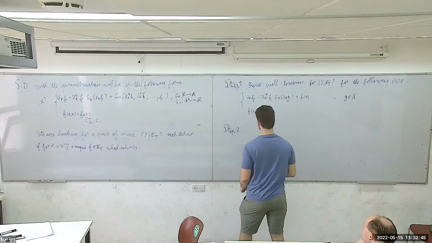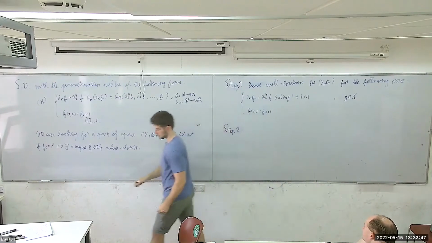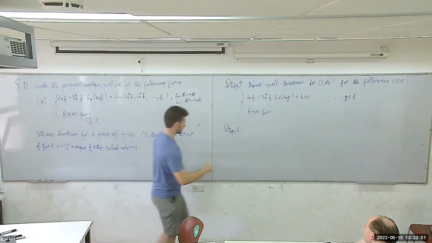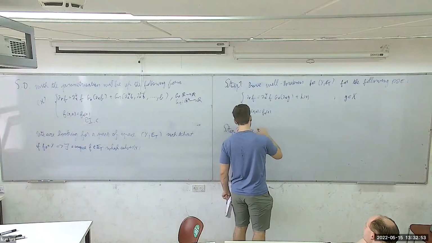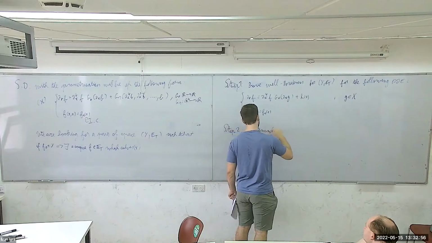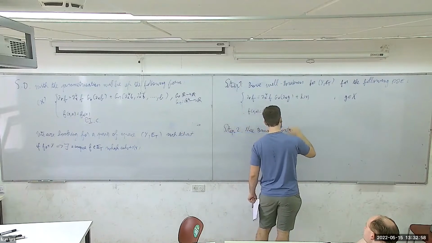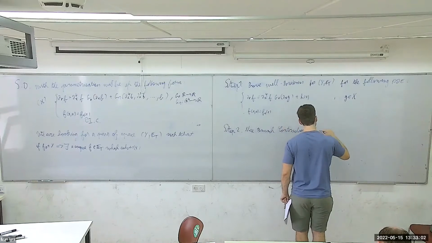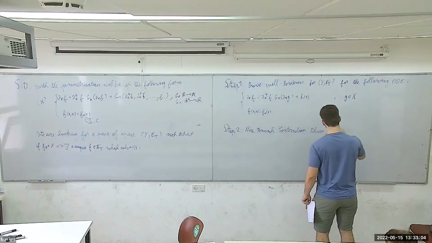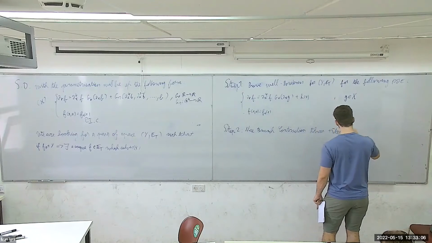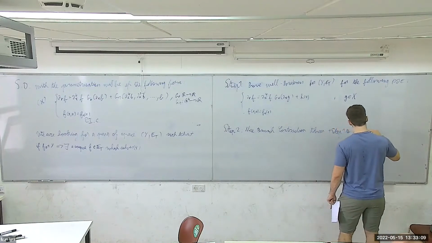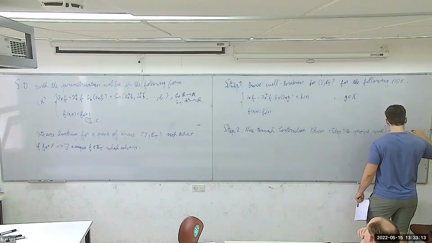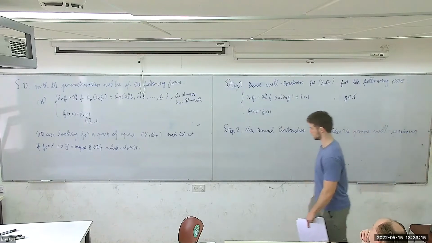Step 2. Okay. So we use the Banach contraction theorem. So if you took an ODE class, maybe this will remind you of it. Theorem plus step 1 to prove well-posedness of star.